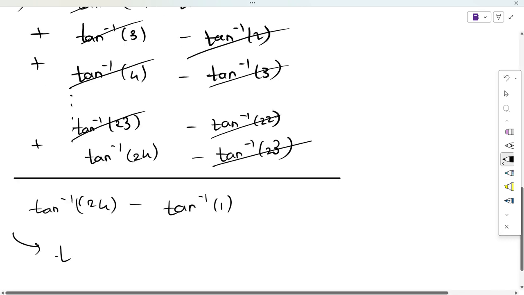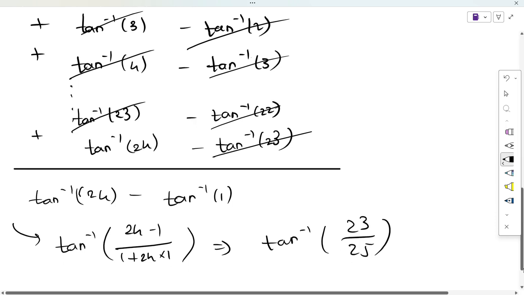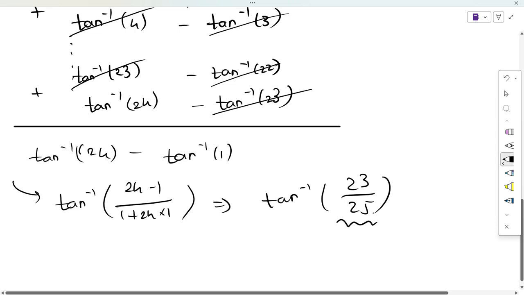So I can write this directly as tan inverse of a minus b upon 1 plus ab. It will be tan inverse 23 upon 25, and since this is greater than 0, I can write it as cot inverse 1 upon 23 by 25, which is 25 upon 23.